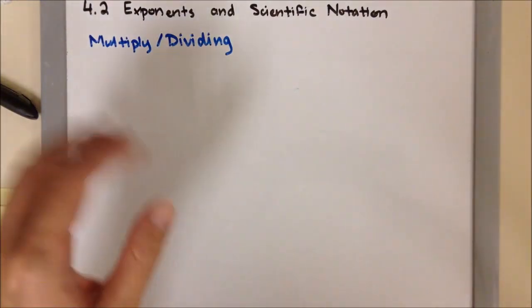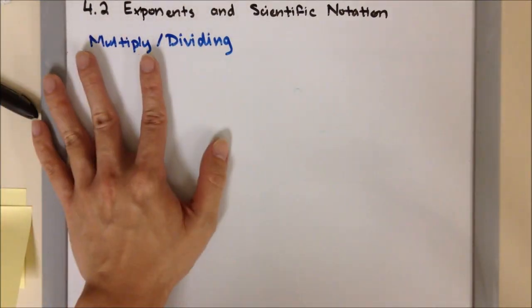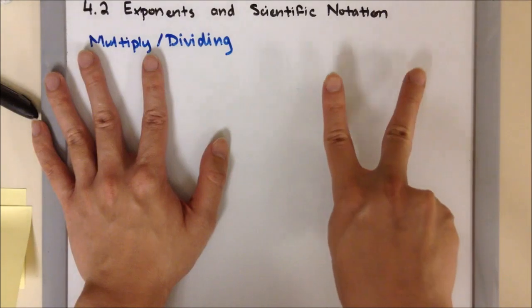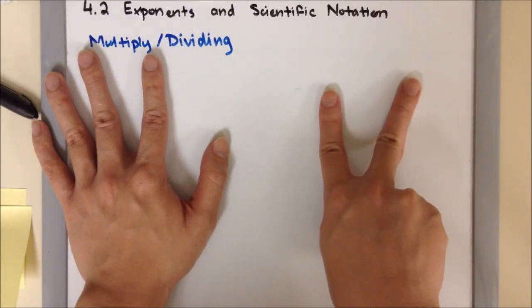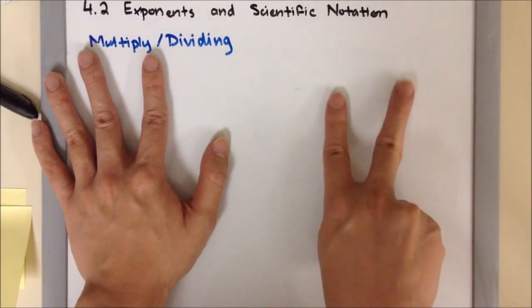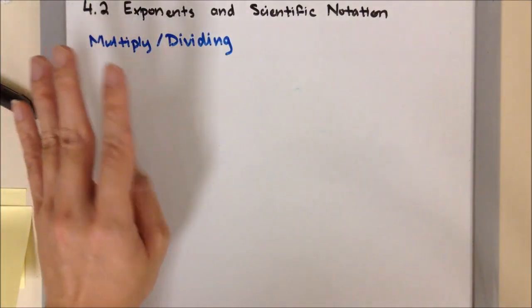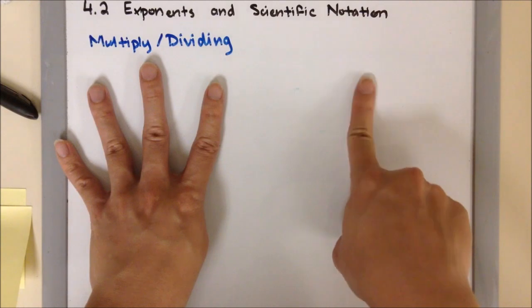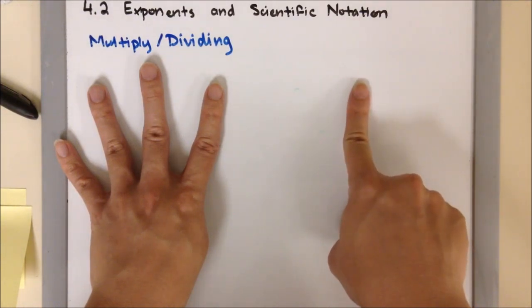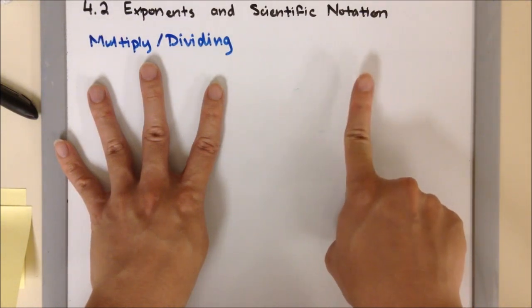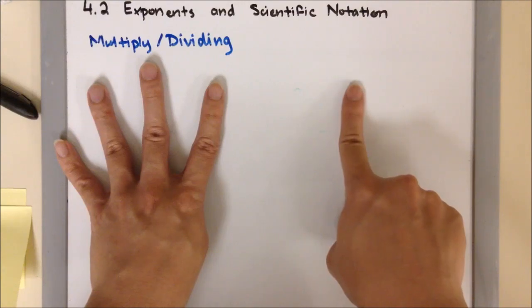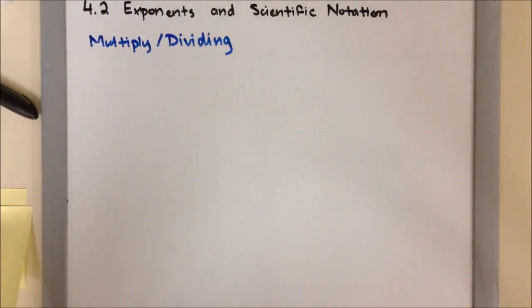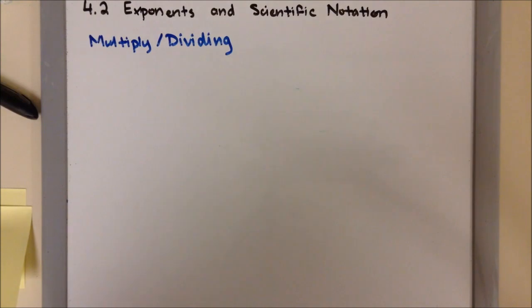So let me review. In your given problem, if one number has 5 decimal places, the other has 2, your final answer should go with the least, 2 decimal places. If in another problem you have 4 decimal places, and another number you have 1 decimal place, you always want to go with the least, so your final answer should have 1 decimal place for multiplying and dividing, and this applies to adding and subtracting.